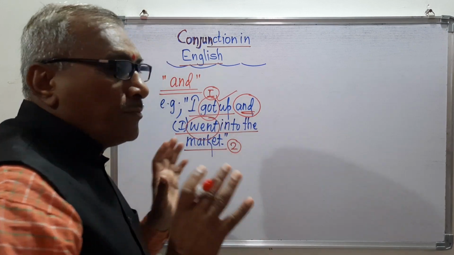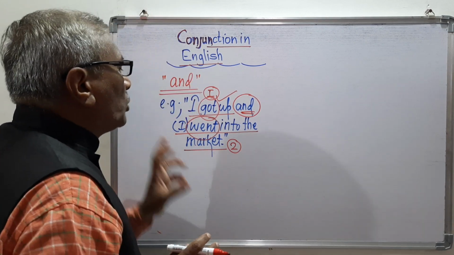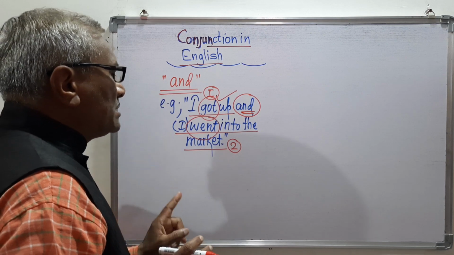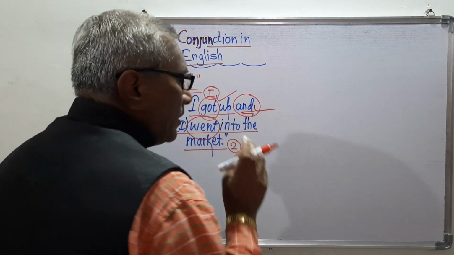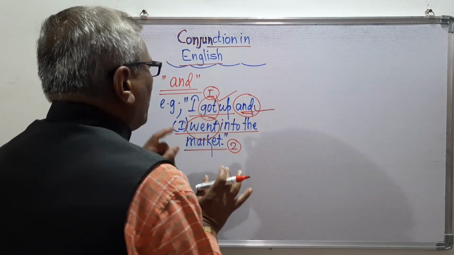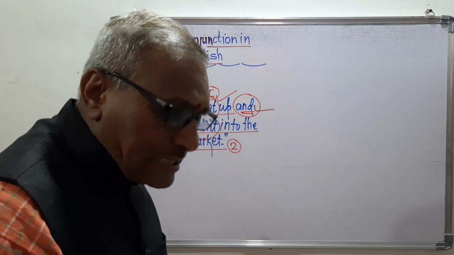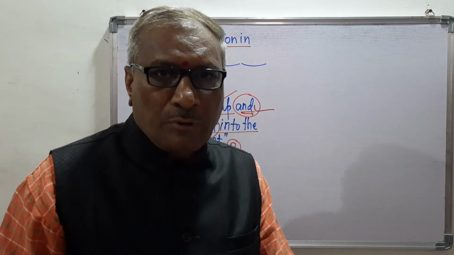That is the important thing. Remember, when you are joining two sentences together with the help of a conjunction, you should take the first sentence of a particular tense, and the second sentence also should be of that particular tense.